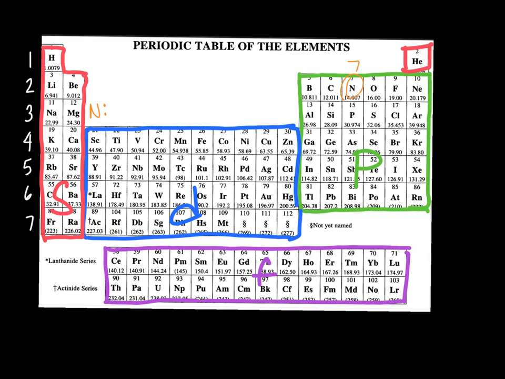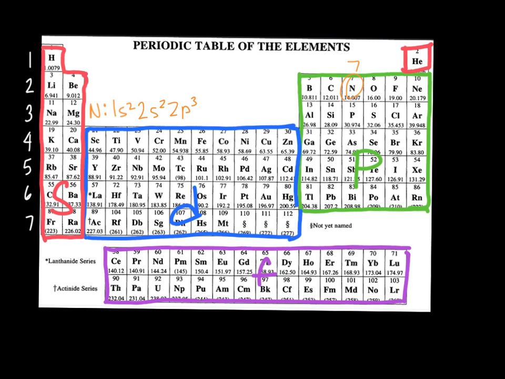So just the regular electron configuration. And so nitrogen's electron configuration is going to be 1s2, 2s2, 2p3. So real short, real quick, real easy.